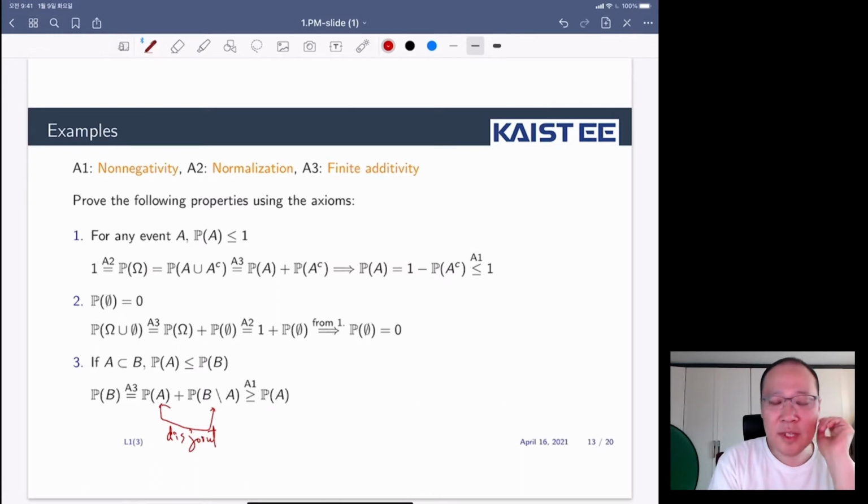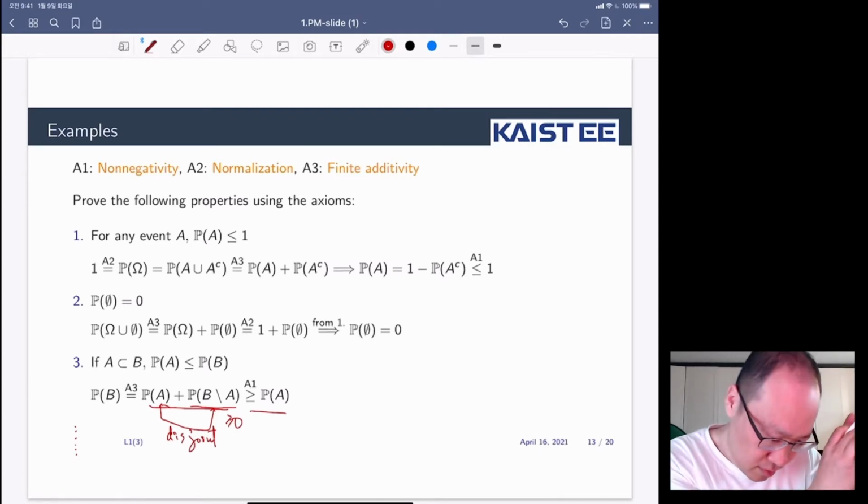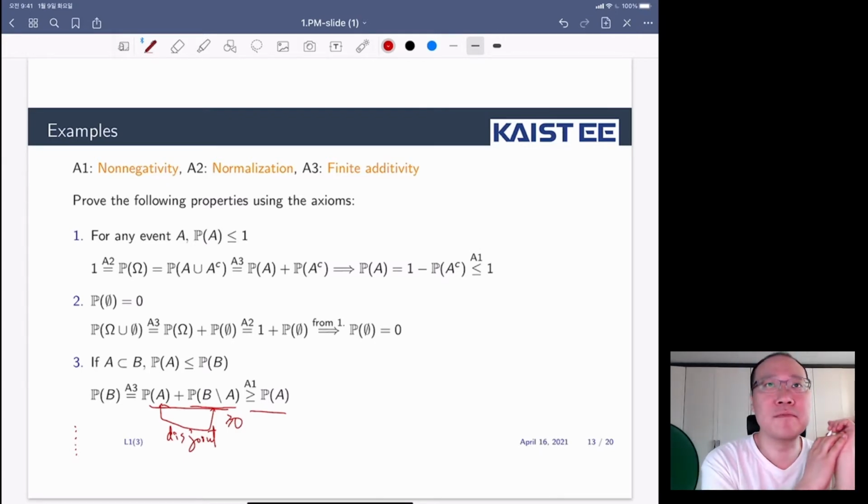Now from the first axiom, this probability should be non-negative. So we have this result. And there are many other things that you can prove from these three axioms, and then we are actually building up all the properties of the probability law that probably you think are natural. Okay.